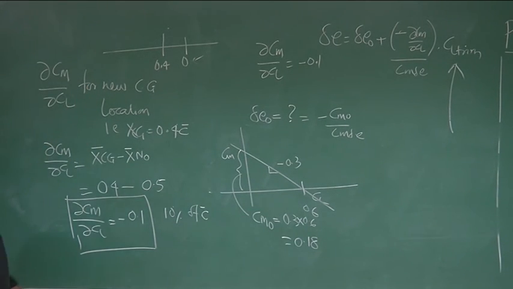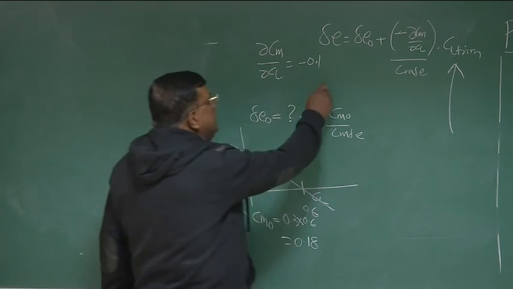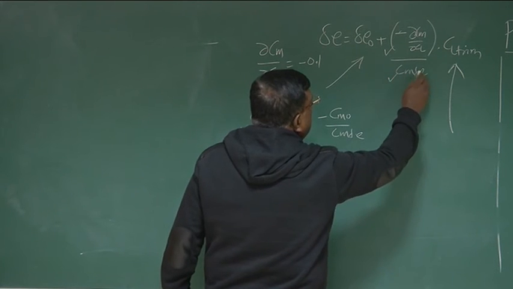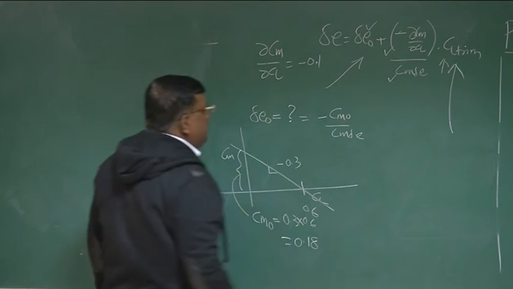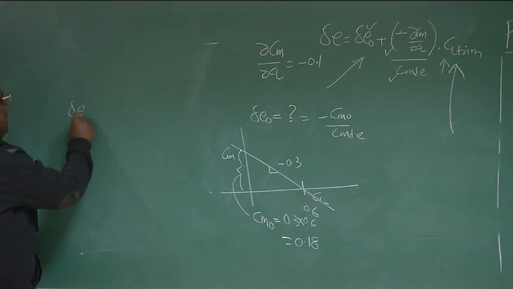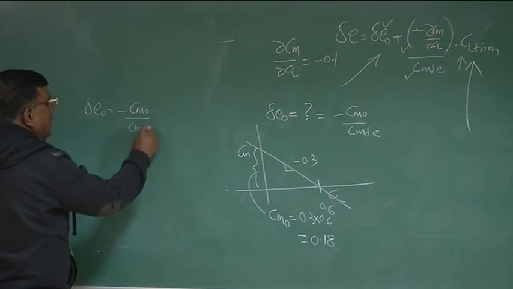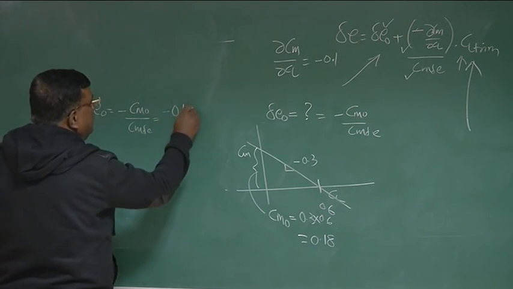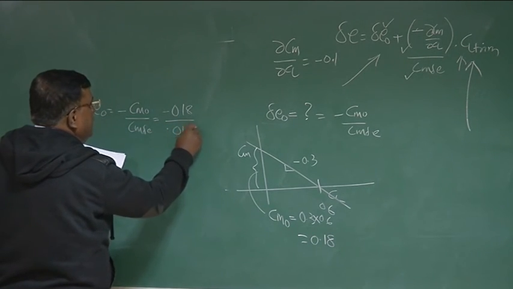So we'll use this value, and what is our aim? Our aim is to find delta E naught. If I know the value of delta E naught, then I can easily use this relationship, because the rest I know and I have to find this. So delta E naught is minus CM naught by CM delta E, and the value will be minus 0.18 by minus 0.015.